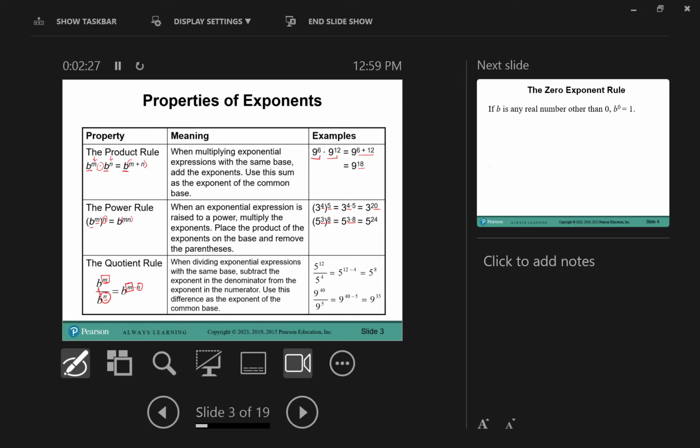So for example, 5 raised to the 12 divided by 5 raised to the 4th is 5 raised to the 12 minus 4, or 5 to the 8th power. Likewise, 9 raised to the 40th power over 9 to the 5th power is 9 to the 40 minus 5 power, which is then 9 to the 35th power.